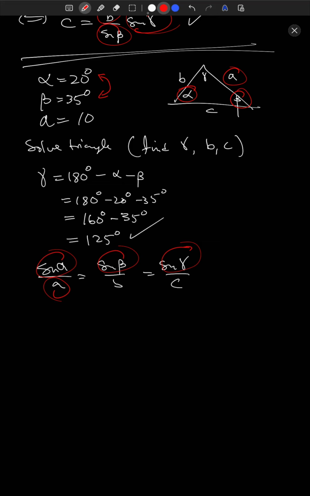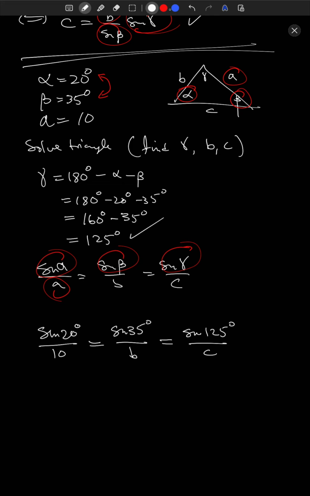So let me fill in the stuff we know. Sine of alpha is sine of 20 degrees. A, we're told, is 10. Sine of beta is sine of 35 degrees over B, which we don't know yet. And then sine of gamma, we just figured out that gamma was 125 degrees, over C.